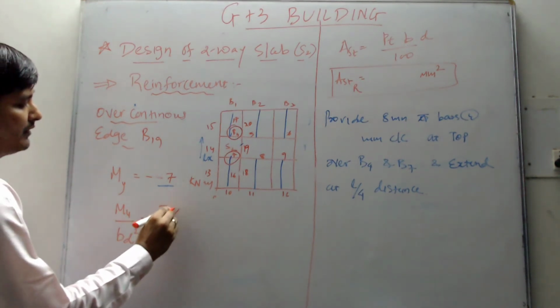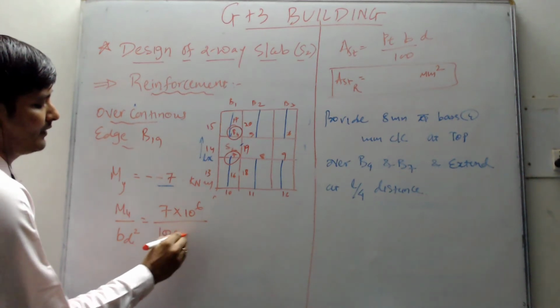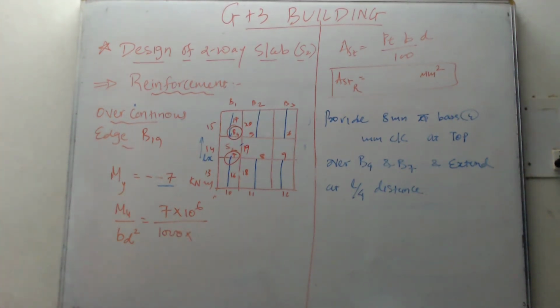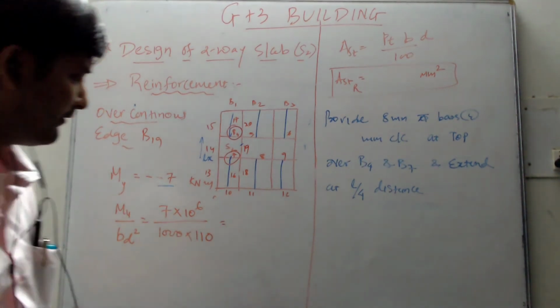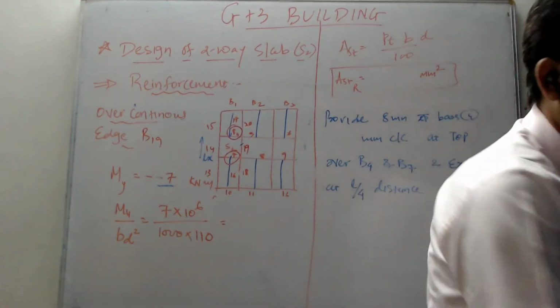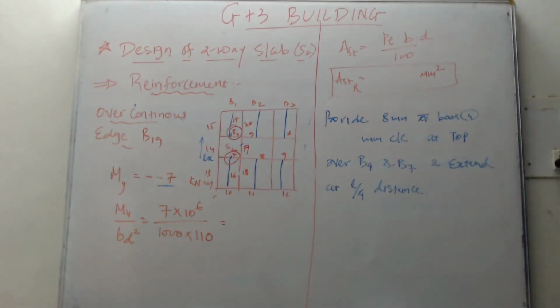So 7 into 10 raised to 6 divided by 1000. Here we need to consider d value. This is the top, right? So again, effective depth is 110. If you calculate this value, I am getting 0.578.